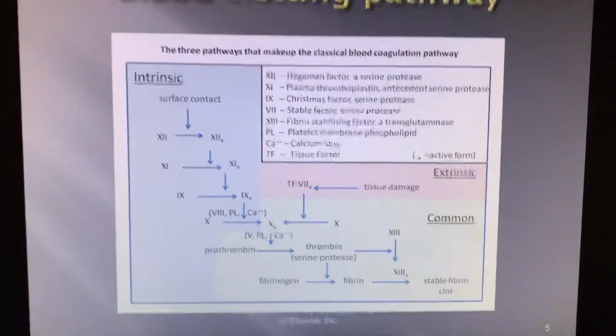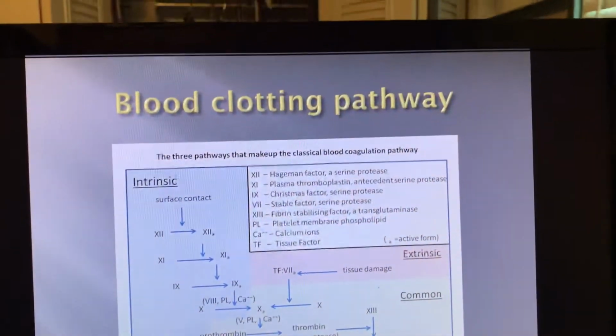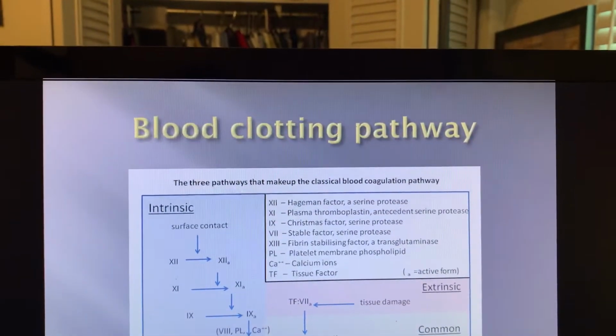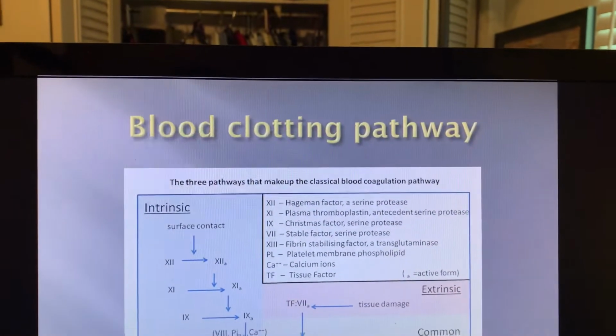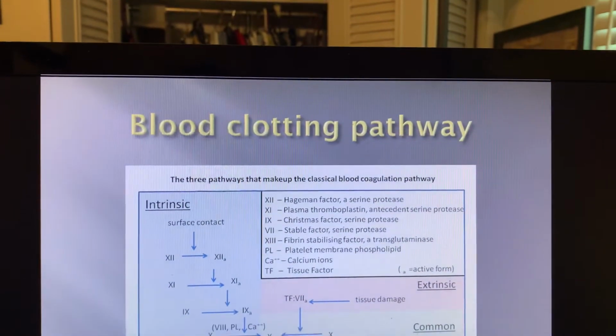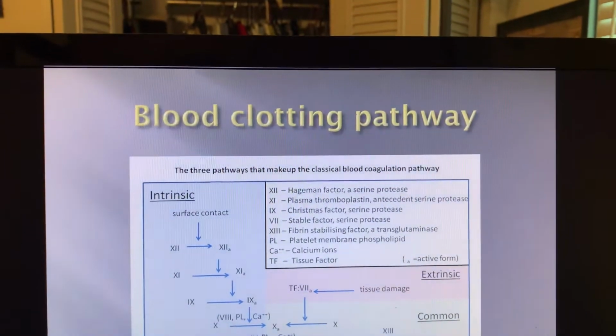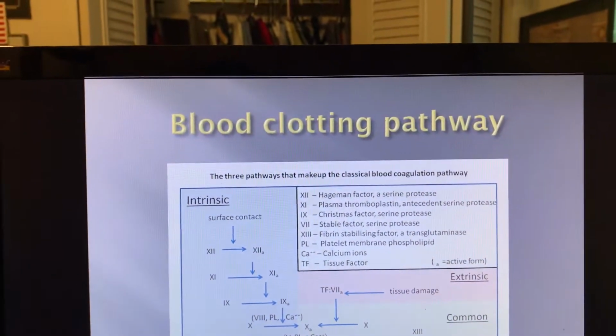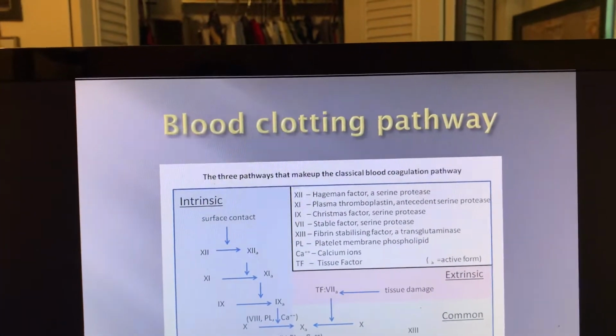But the body gets word of some sort of damage. It releases factors that affect the production of a clotting factor called prothrombin, which is a precursor to thrombin, known here as serine protease.